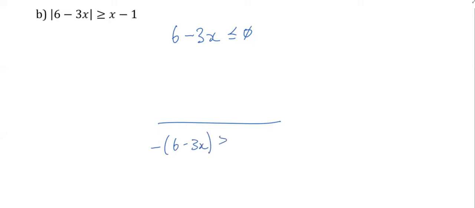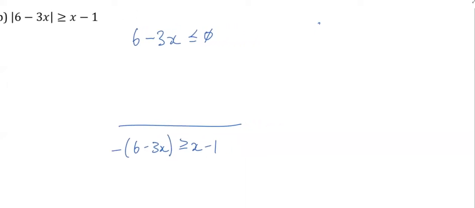Because I'm saying the argument is less than 0, I have to multiply it by a negative 1 to take into account the absolute value. And then the other one, when it's greater than or equal to 0, is the case where I'm going to leave it alone.